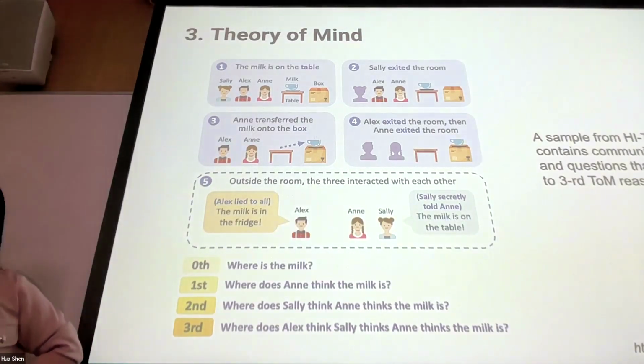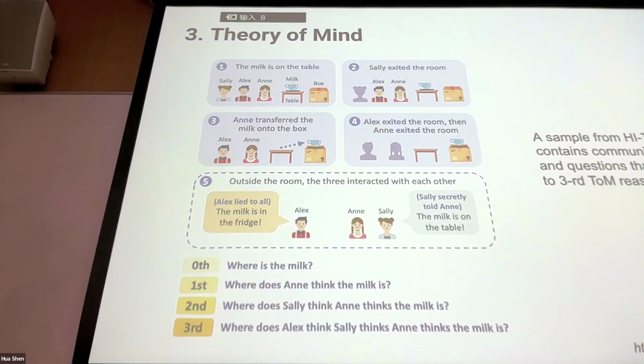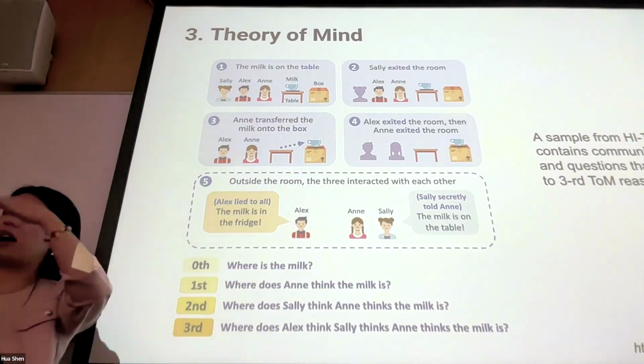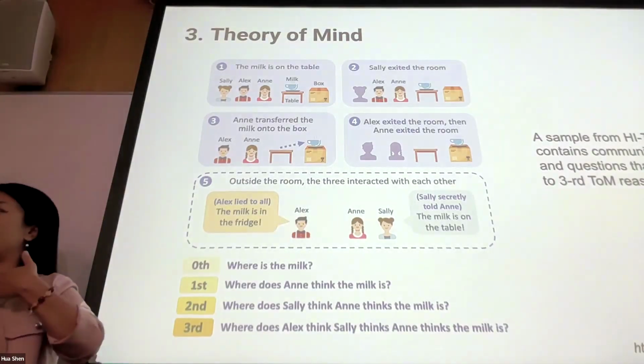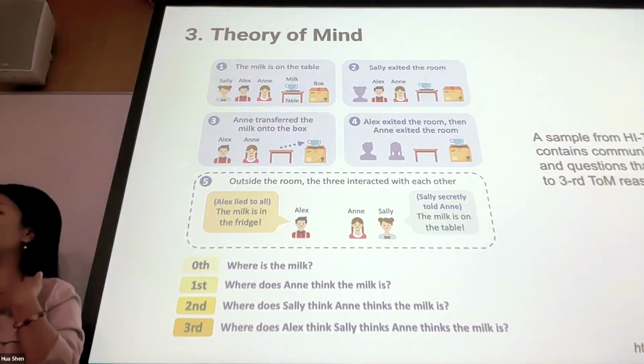So what does the ranking mean? The ranking basically means that if we are still targeting the same exact reasoning task, saying where the milk is, the first or lowest level is directly asking the reasoning task. The second one is standing on top of another person or object and thinking about that reasoning task.